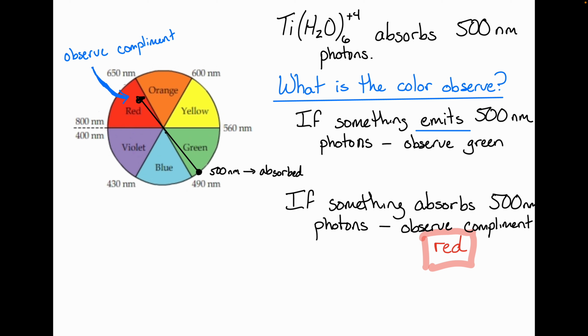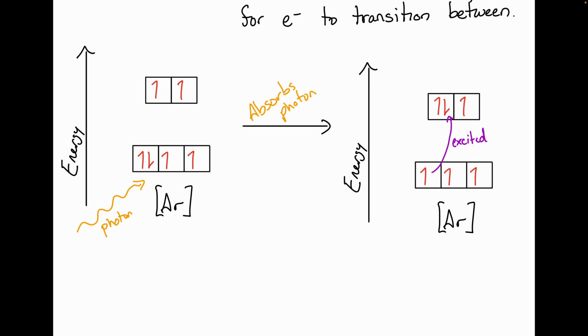Cool. All right, we got one more use for this wheel, but we're going to introduce the next thing, which is how we talk about this stuff quantitatively. First of all, we said that if our transition metal complex absorbed a photon, it would excite an electron from that lower energy level to our higher energy level.